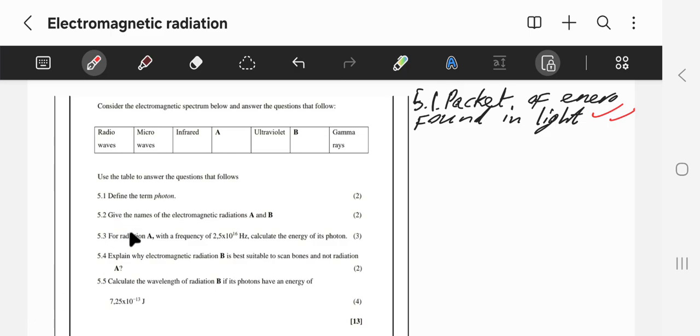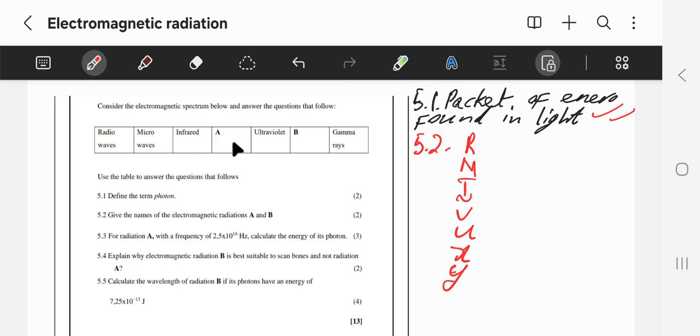And then 5.2 says give the names of the electromagnetic radiations A and B. For us to remember this, guys, we have to follow the order, and by now you know that if we answer 5.2, we will say Ronaldo's mother is visiting Uncle Xavier's garden. And we know after radio waves it's microwaves, after microwaves it's infrared, after infrared is visible light.